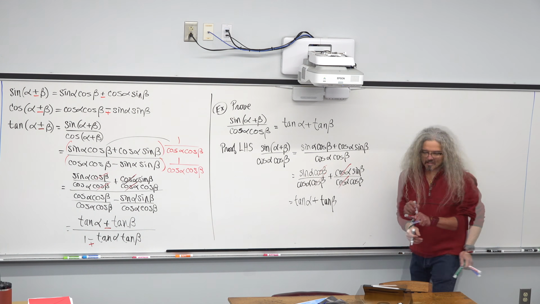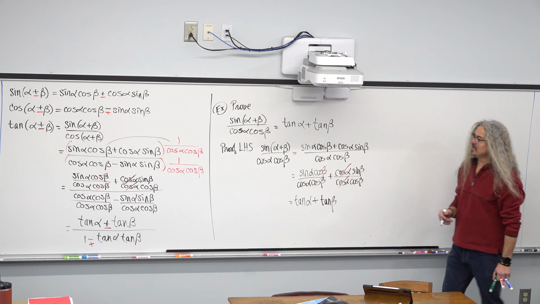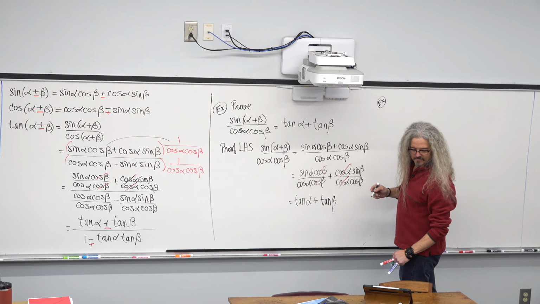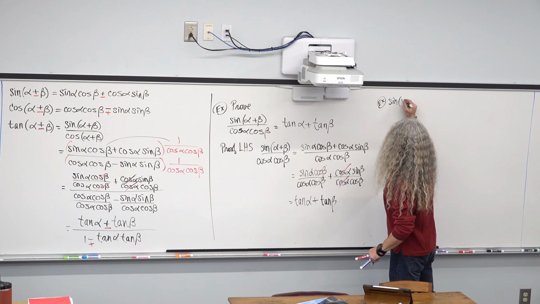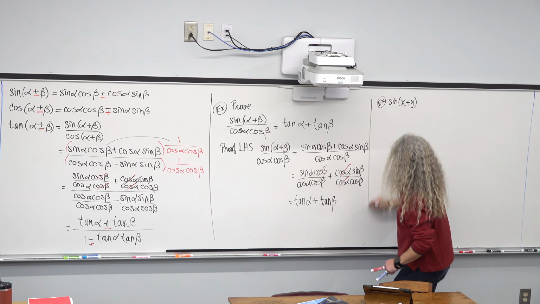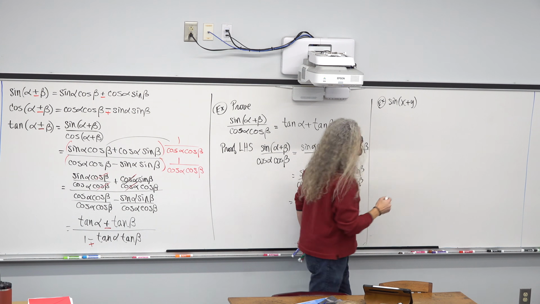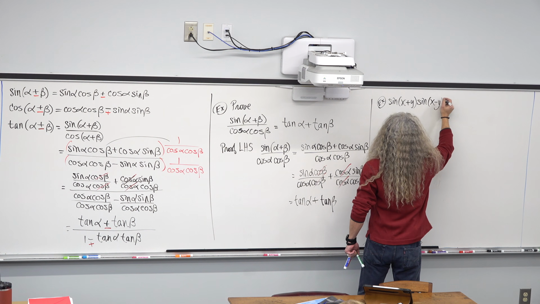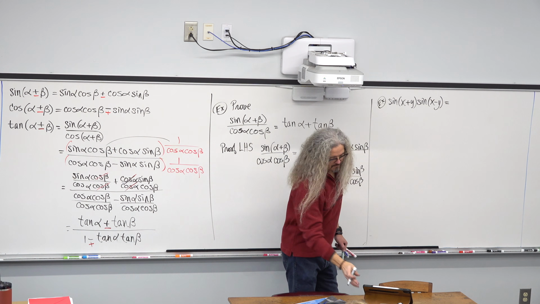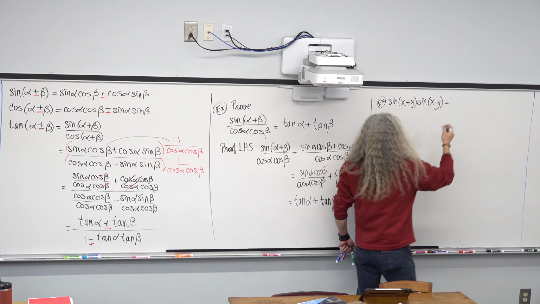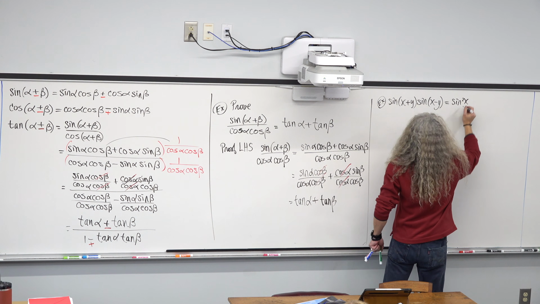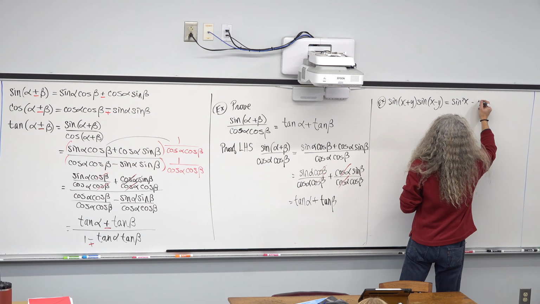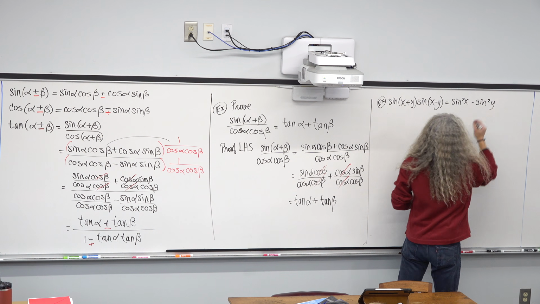Let's try another one. Let's take a look at this example. We have the sine of x plus y times the sine of x minus y is equal to sine of x squared minus sine of y squared.